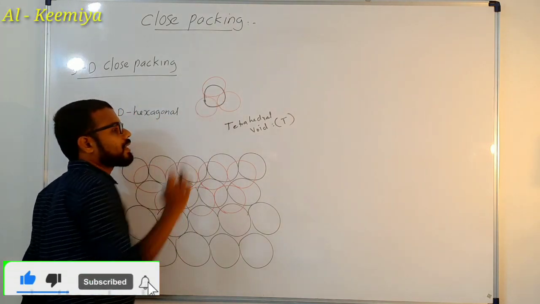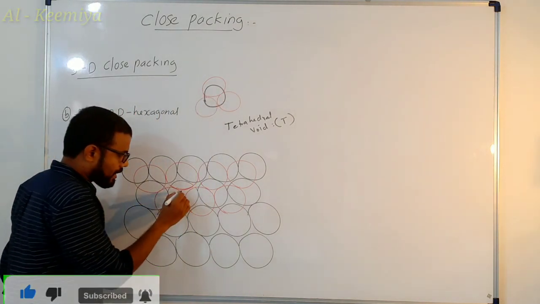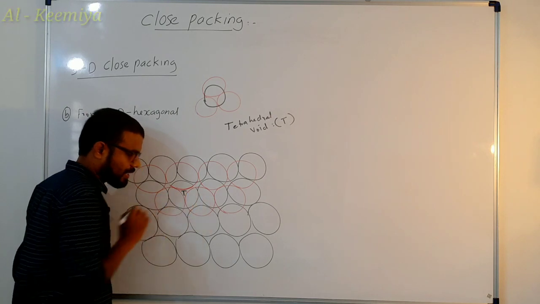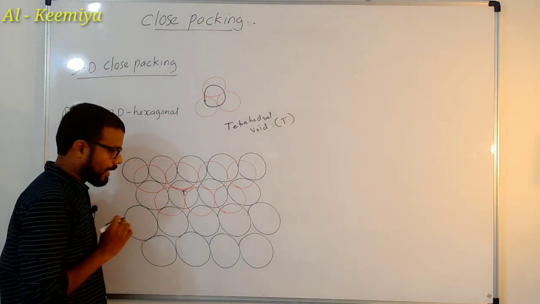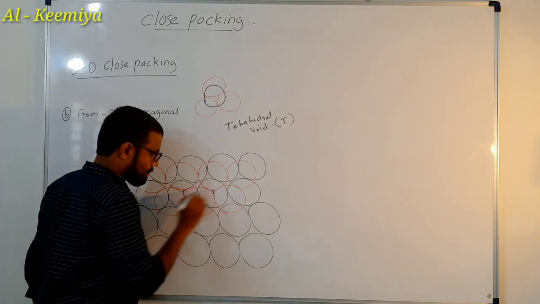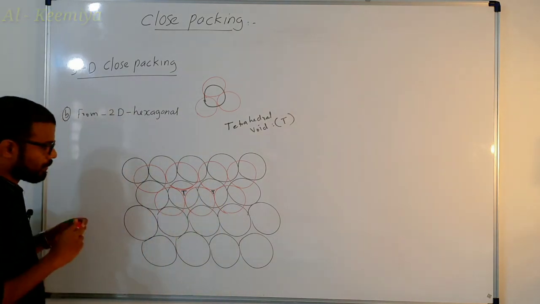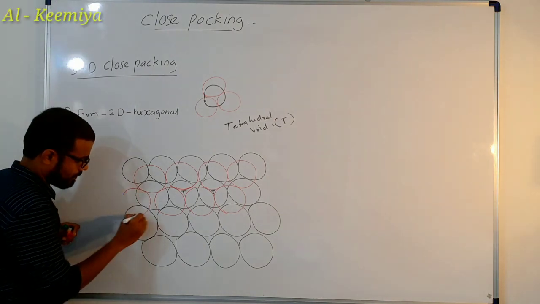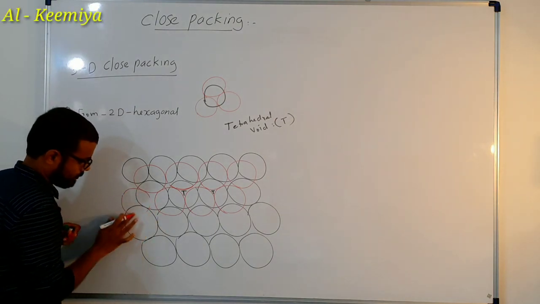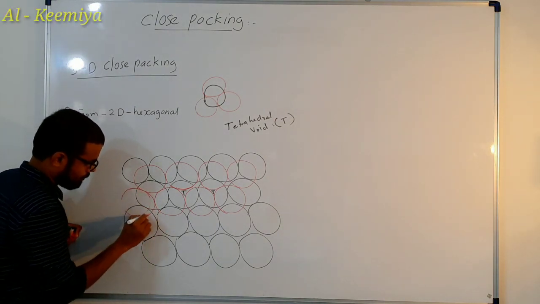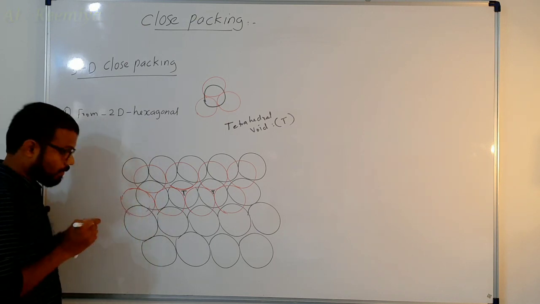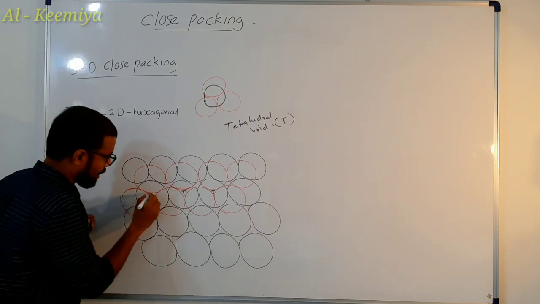That's why it is called a tetrahedral void. This is another tetrahedral void. If we place one more sphere here, we have one more tetrahedral void.